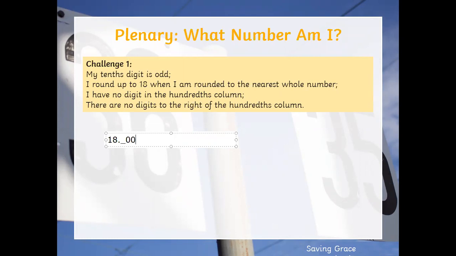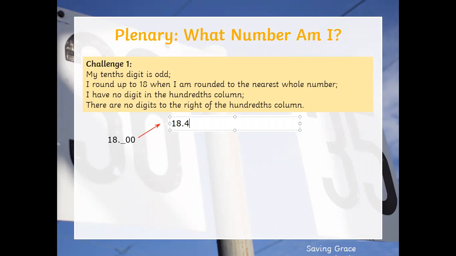So we have 18 point something. So when our tenths number is an odd number, we know to round to 18. So what is the largest value it can be? It can be 18.4 and lower.